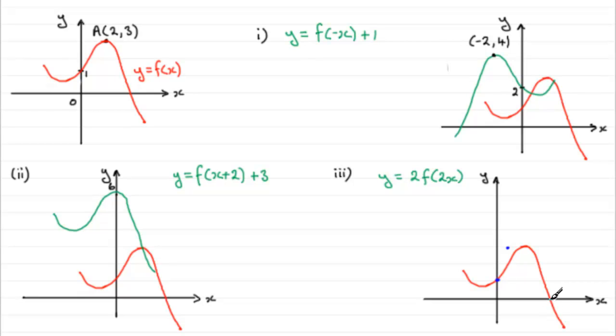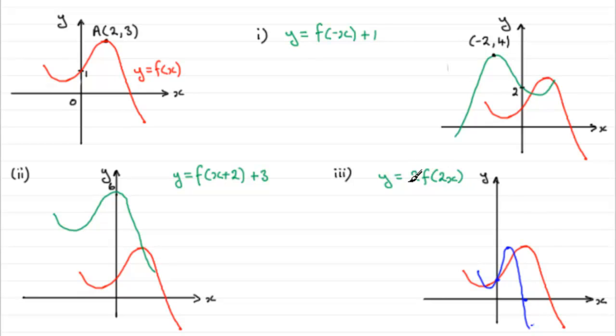This point on the x-axis goes half this distance. It crosses about here, say. This point down here is about half the distance away from the y-axis, which will be about there, say. And what about this point? This point comes in by half, where it dips down here. That comes in by about half. So you've got a graph then of f of 2x looking something like this, coming down like so, peaking there, and then dropping away like that. Okay, something like that then. That's the graph of f of 2x.